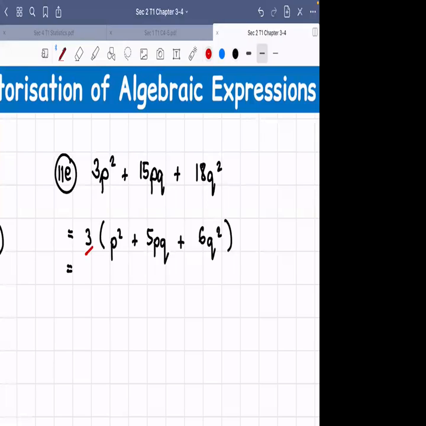So p squared is p and p, right? How about 6q squared? When you add those factors, the sum is 5. I think that's very easy, right? So it's 3q and 2q, right? 3q times 2q is 6q squared, and then 3q plus 2q is equal to 5pq.